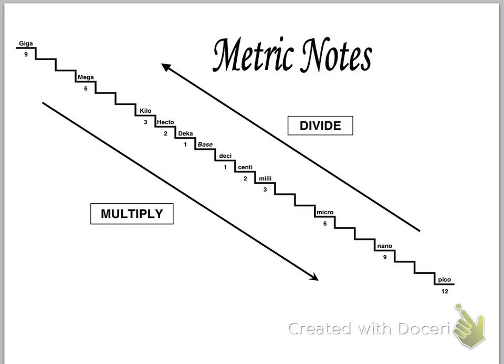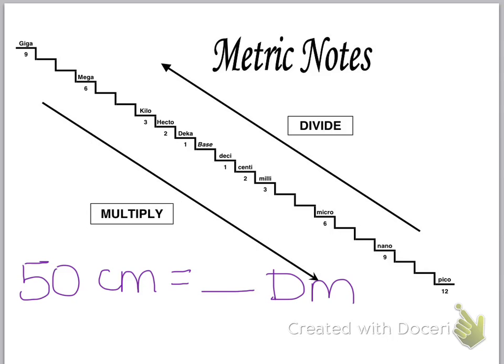So let's take a problem, and maybe I'll just leave this up here because it's going to be easier. Let's say I gave you 50 centimeters, and I want to figure out how many decameters that is. Now notice some of these abbreviations.